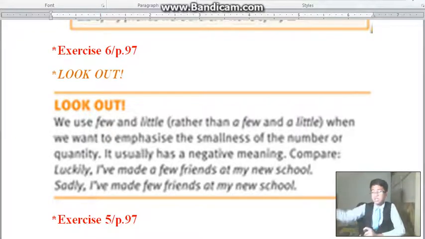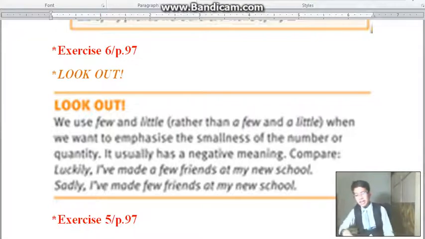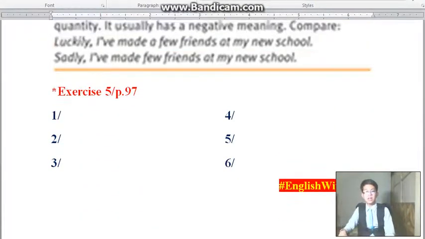So you can see the first word beginning a sentence, luckily and sadly. So sadly for negative meaning, alright? So few and little for negative meaning. Alright. So we do the exercise number 5 to practice using a few or a little.